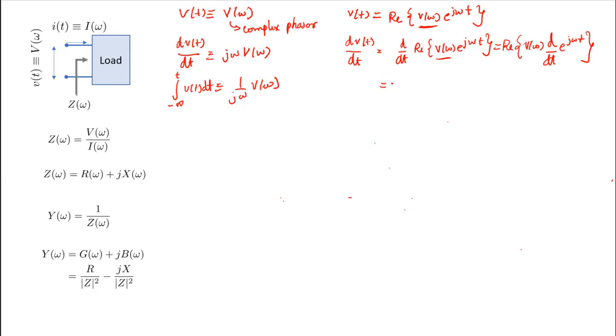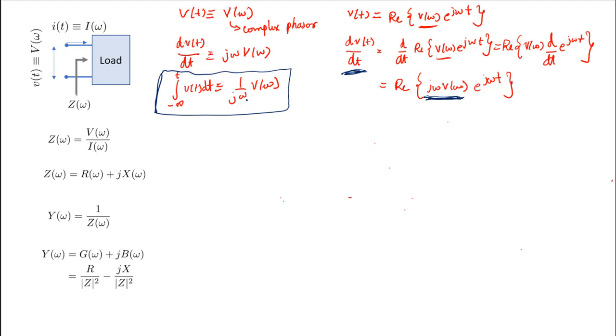So this whole term becomes the real part of j omega v of omega e power j omega t. So the operator d by dt has reduced to j omega times v of omega e power j omega t in the phasor form. Similarly, we can show that integration is 1 over j omega.